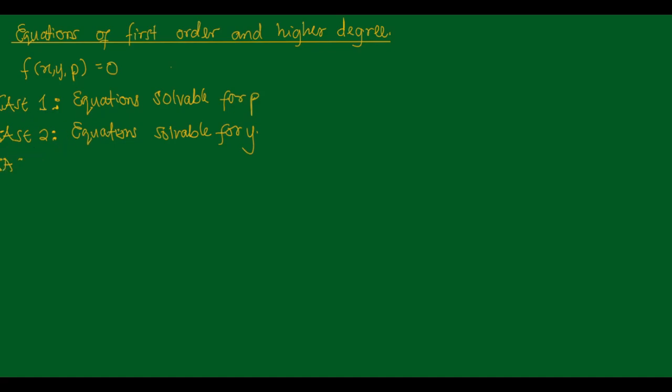The third case refers to the equations that are solvable for x. And the fourth case is what we call the Clairaut's equation.